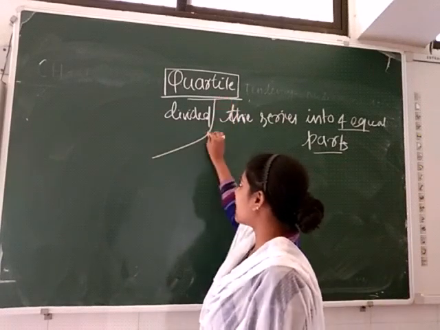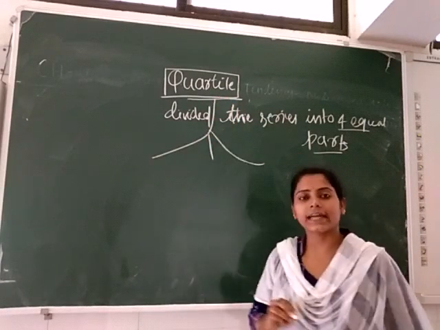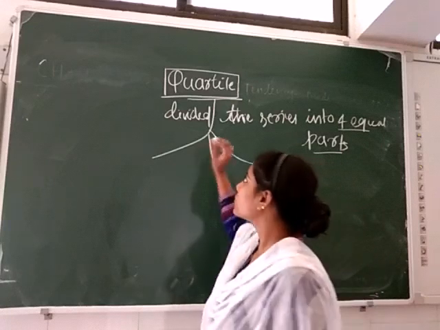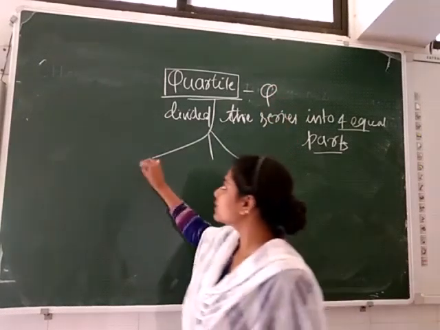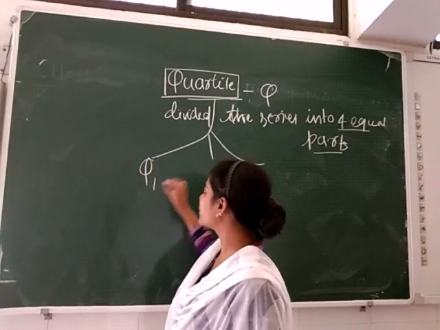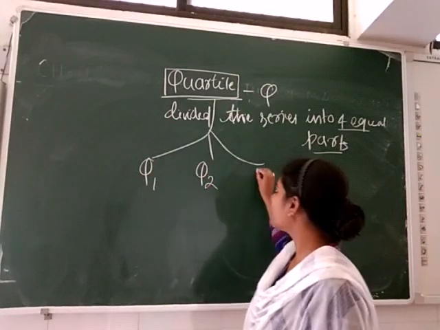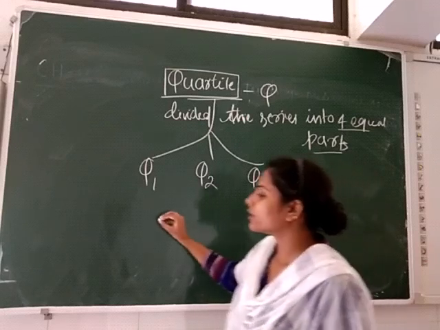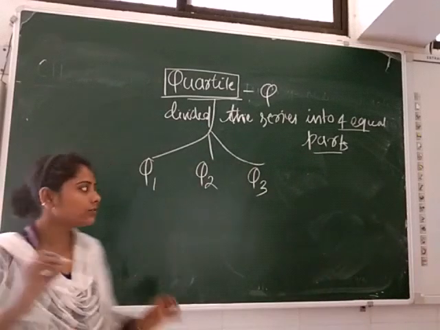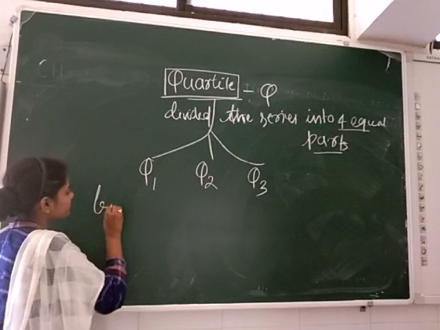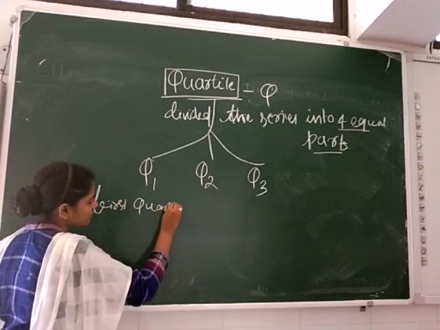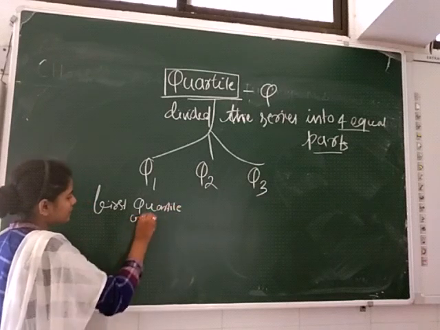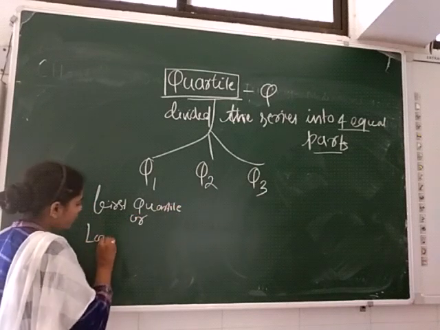Basically quartile is divided into 3 major categories, and quartile is denoted by Q. So it has 3 types, that is Q1, Q2 and Q3. Q1 stands for first quartile, and we can say that this is your lower quartile.